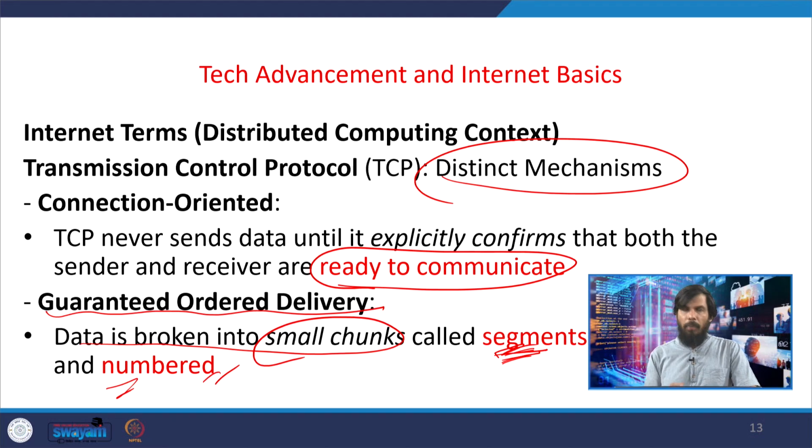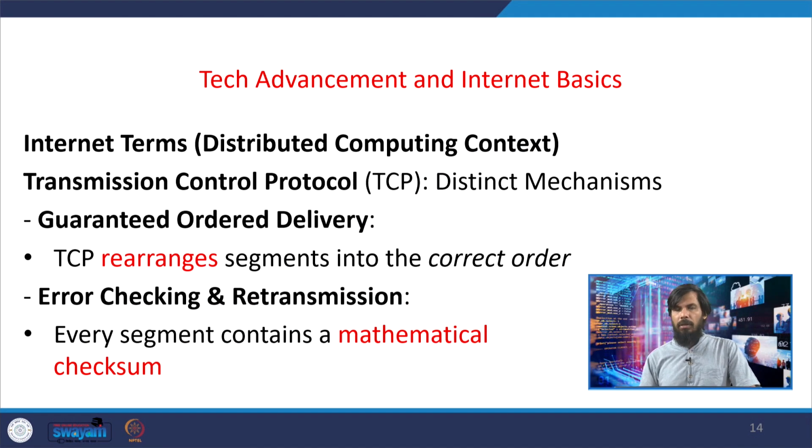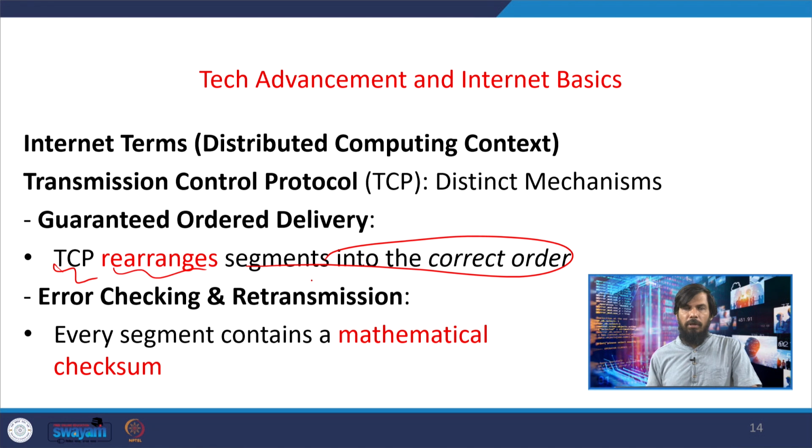Using this numbering mechanism, TCP is able to guarantee ordered delivery. It will know when there is an error or missing segment, right. So, TCP rearranges segments into the correct order. Once it knows the segments have been received out of sequence, it will be able to rearrange them. That role is also played by TCP.